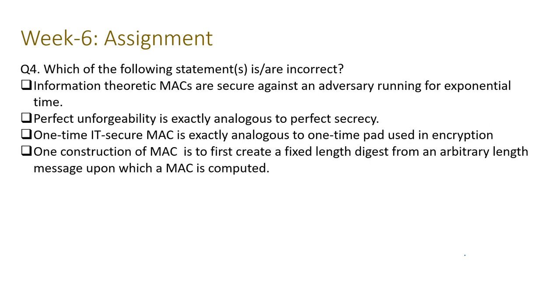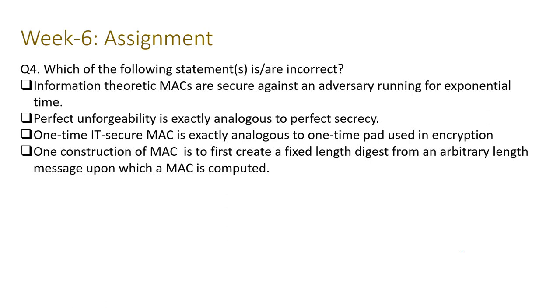If you remember, in information theoretic security, we always assume an unbounded adversary but allow a negligible probability of winning. So it is true that information theoretic MACs are secure against an adversary running for exponential time, because unbounded adversary means we allow the adversary to run for any amount of time.